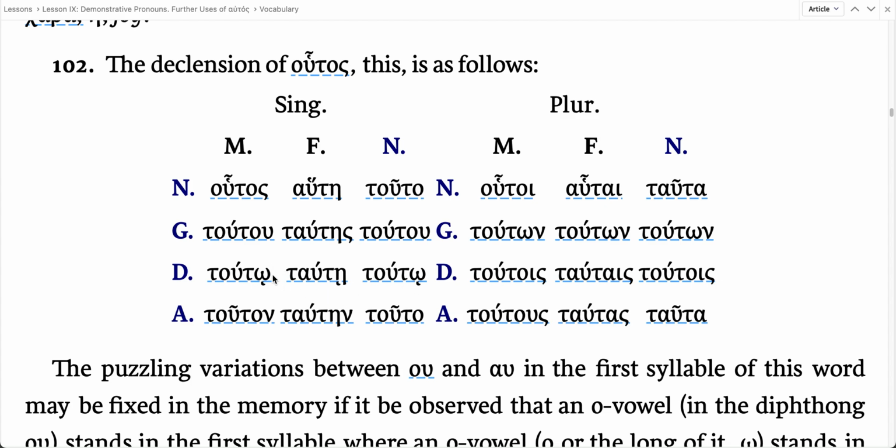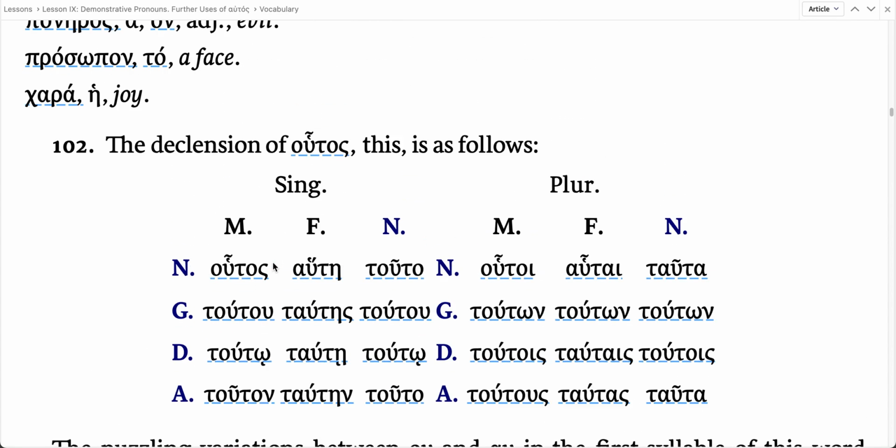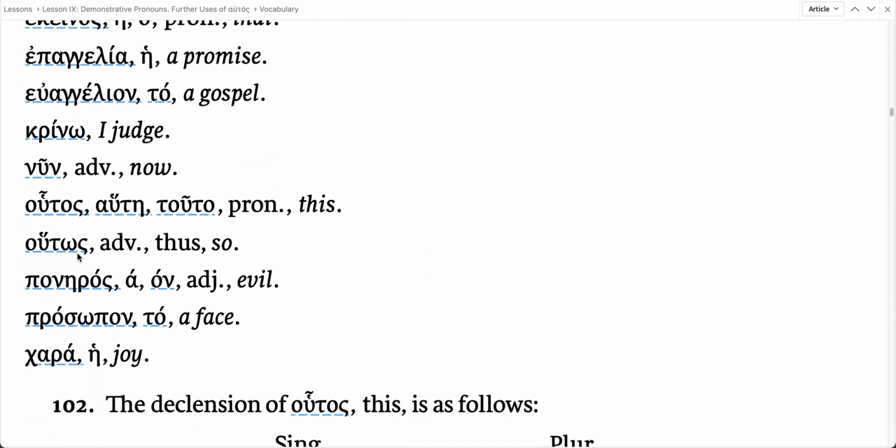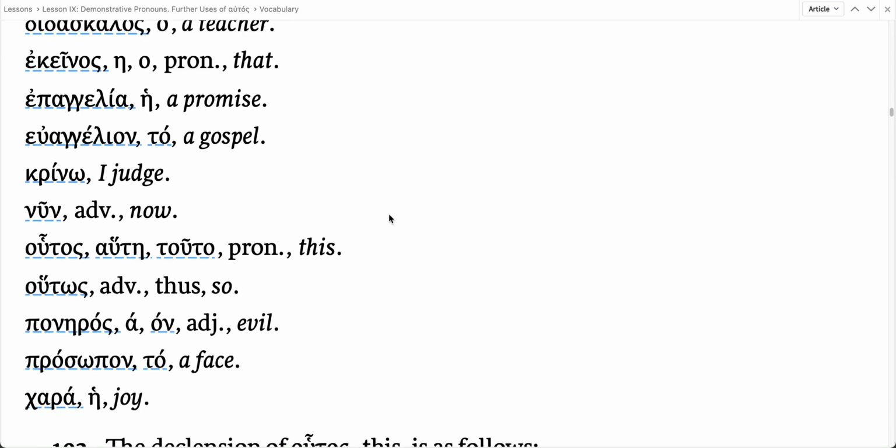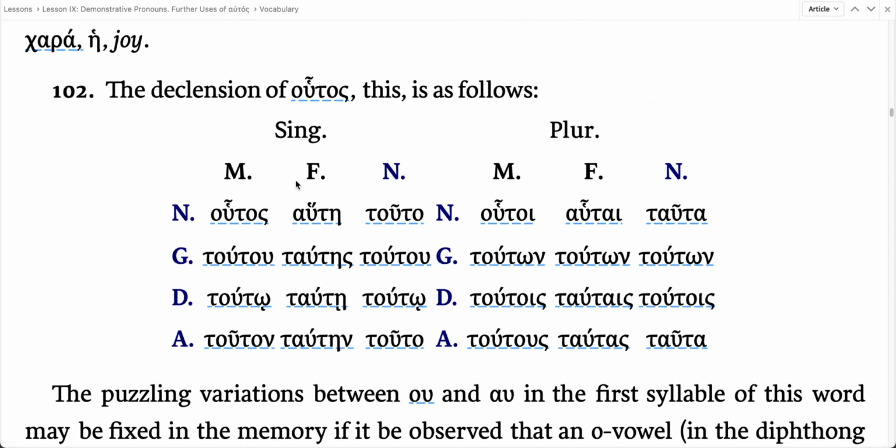And so you can see patterns as you learn to memorize this. So houtos, haute, touto: that's the masculine, the feminine, the neuter. This is the word for this. So this would be this, because it's singular.